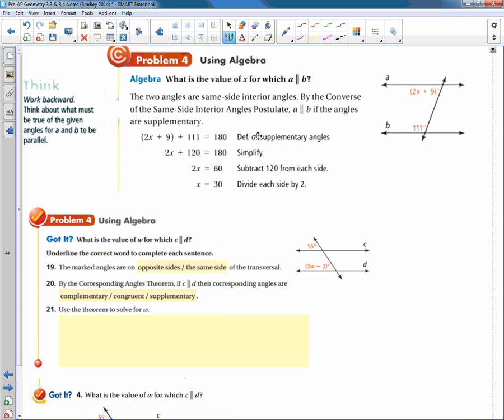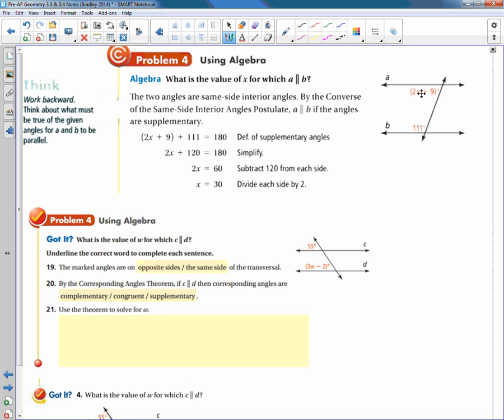Yeah, you're right. All right, here's our last example. And in this one, the question's asked just a little bit differently. This one states that in order for A and B to be parallel, what would the value of X have to be?